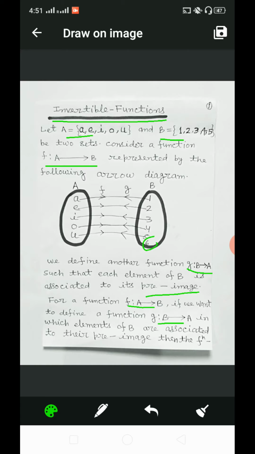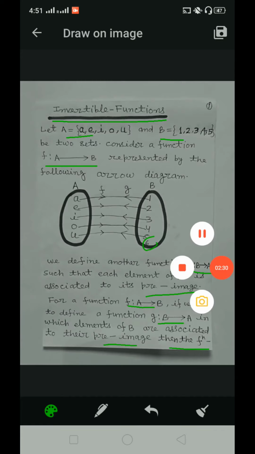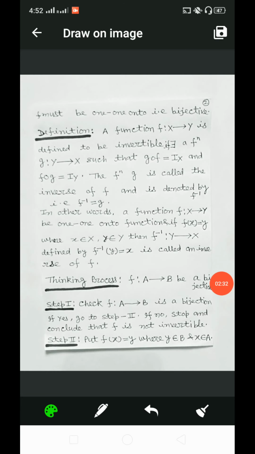It follows from the above discussion that for a function f from A to B, if we want to define a function g from B to A in which elements of B are associated to their pre-image, then the function f must be one-one onto, that is, a bijective function.